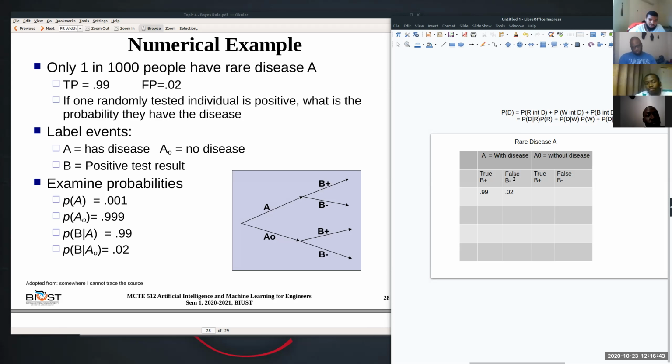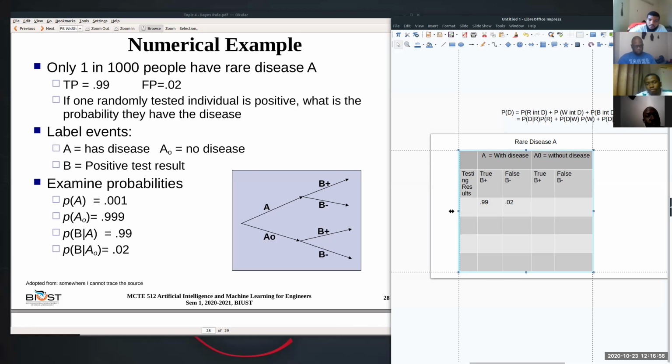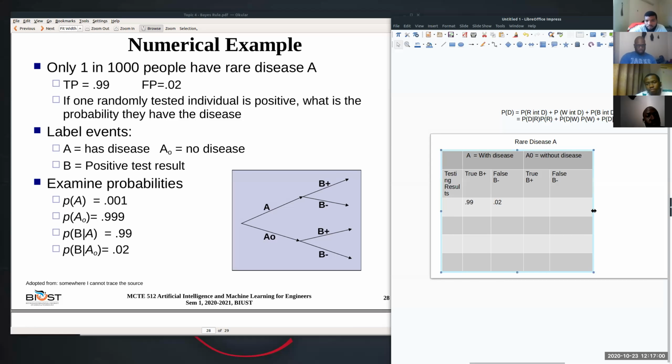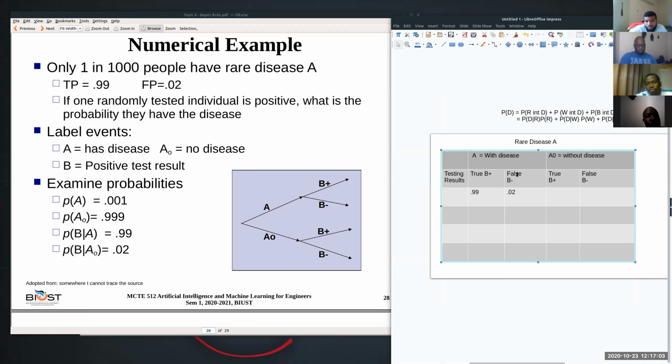This is the testing results. Do you understand? This column here is the test results. You can test positive and negative.